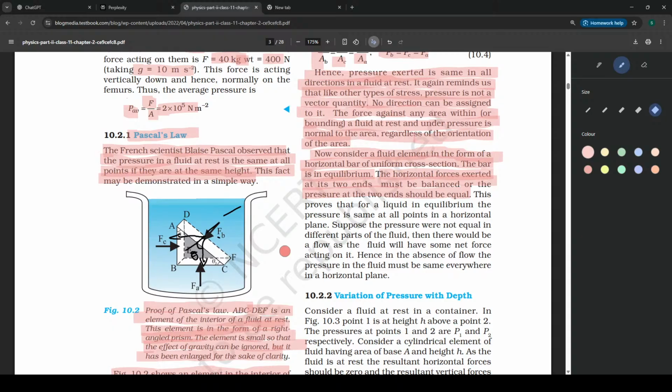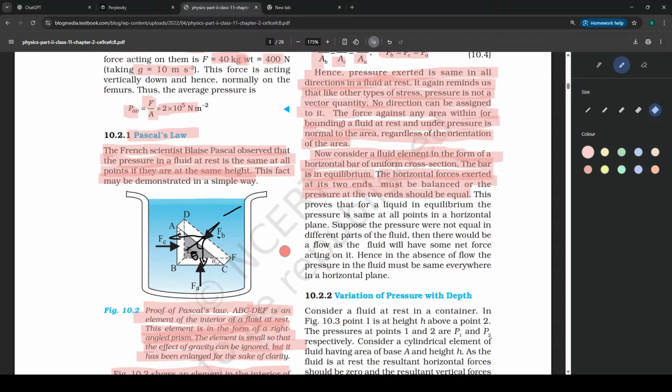The horizontal forces exerted at its two ends must be balanced, or the pressure at the two ends must be equal.